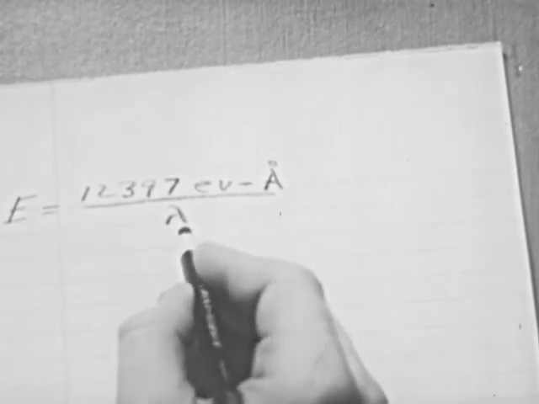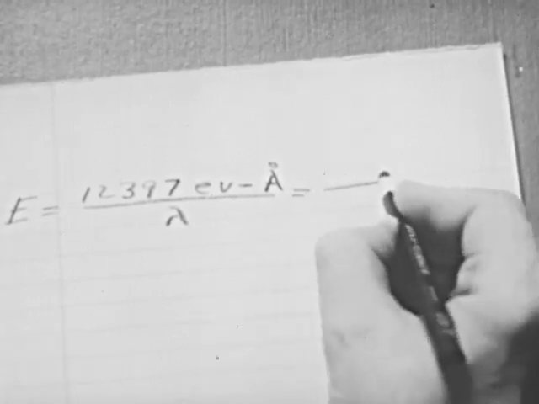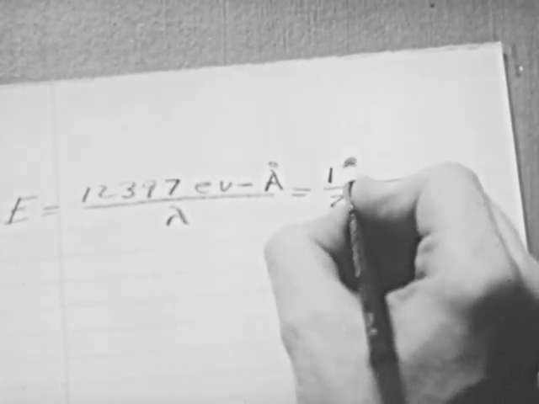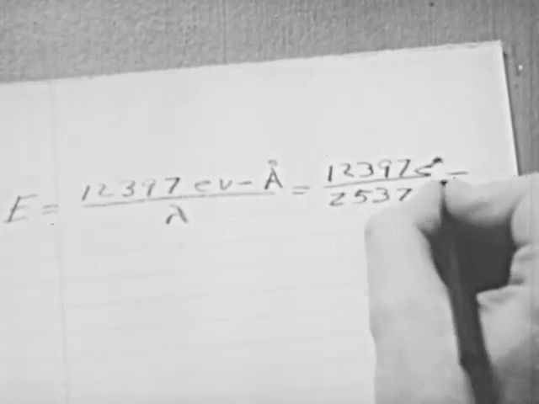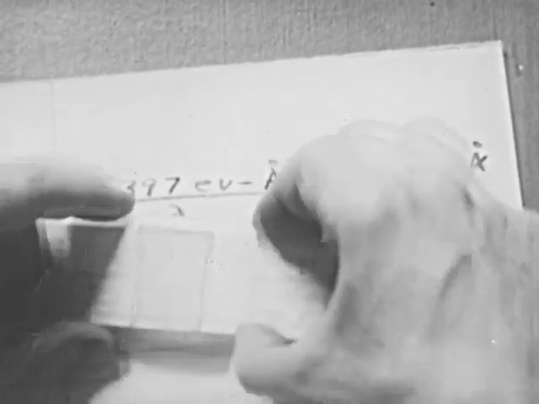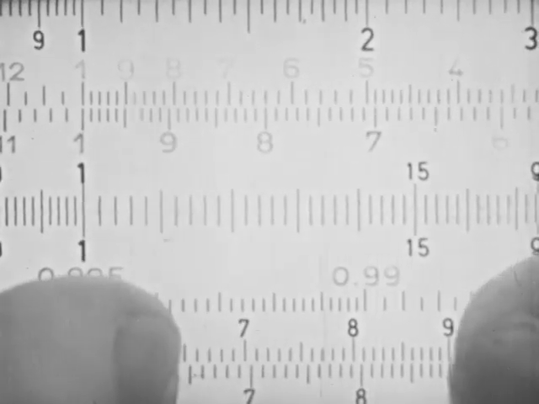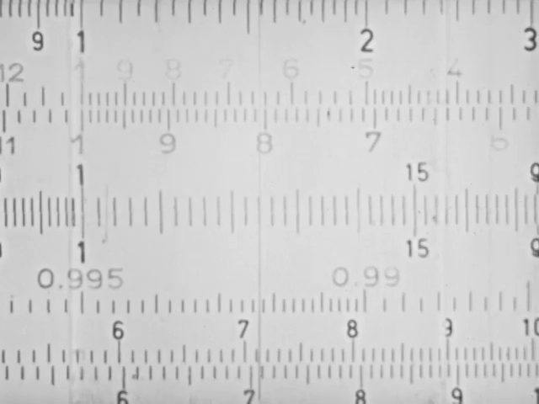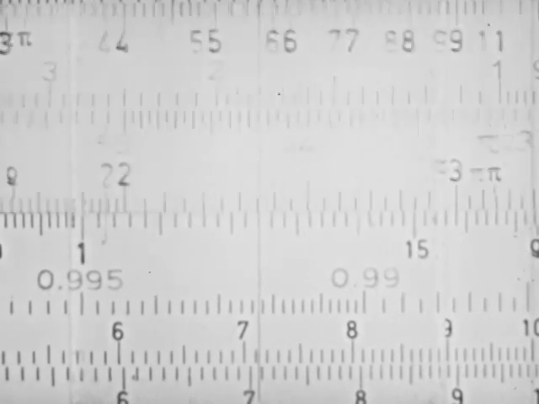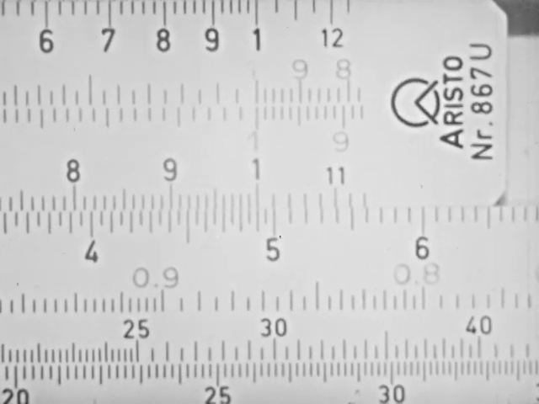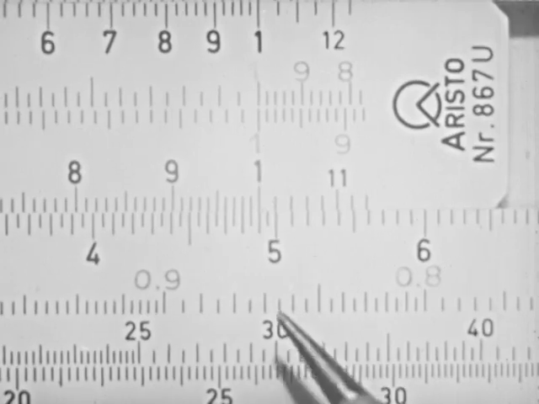Well, using our relationship between the energy of a photon and the wavelength of the light, and putting in 2,537 angstroms for the spectral line which we looked at earlier, we find that the energy of the photon is 124 divided by 254, it is 4.9 electron volts, exactly the same sized energy package.